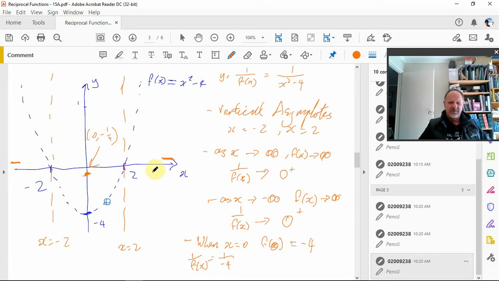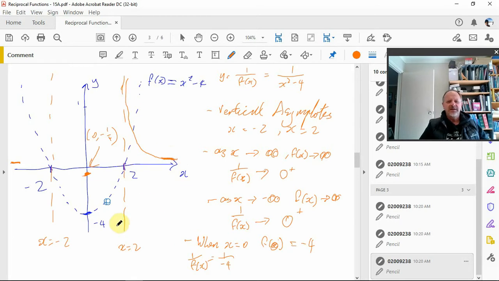So now we've got to think about what's going on. And this is some kind of funky math stuff here. As x goes towards 2 from the positive side, when we square it, we've got a number bigger than 4, yes? And a number bigger than 4, take 4, is a positive number. So this is actually going like so.